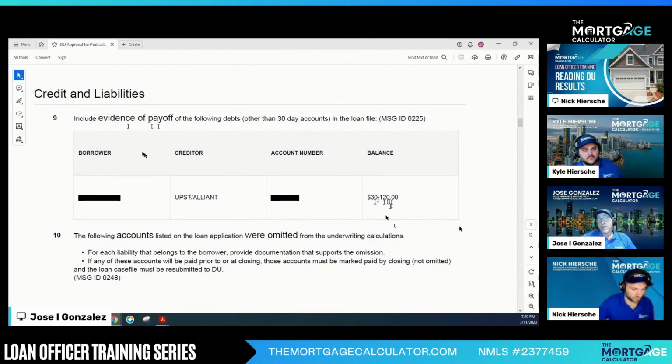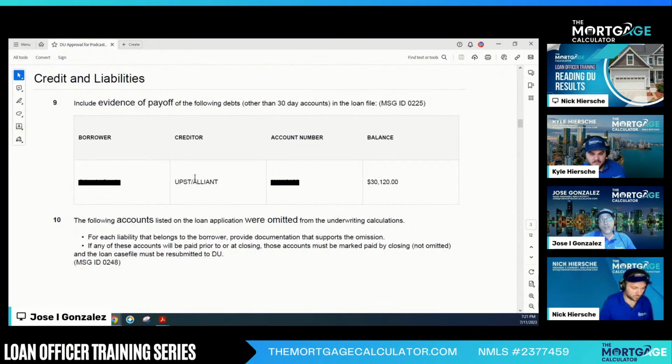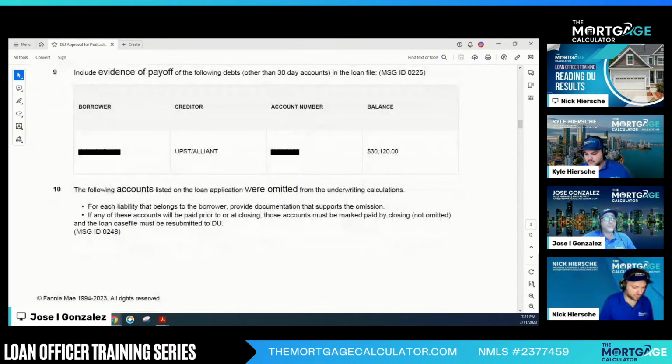And that will be all the documentation that underwriting will require, rather than getting messy and waiting till the end and providing a payoff and all that kind of stuff. He got the money already, he paid it off, and I'll do a credit supplement, and that'll take care of that condition there.